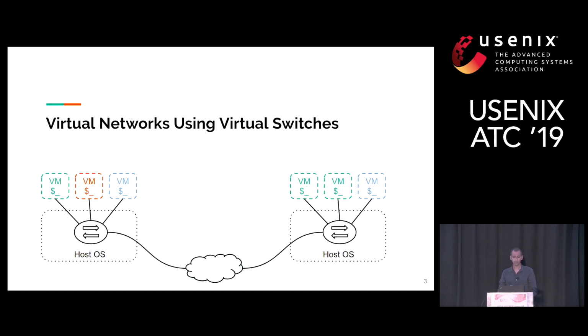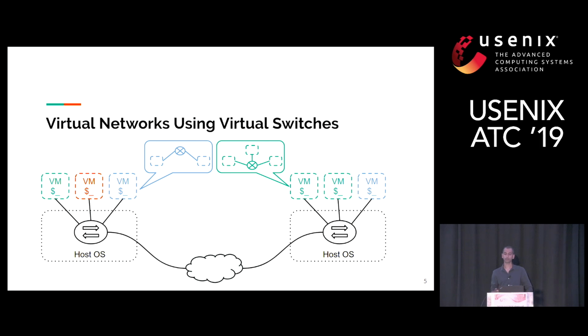Virtual networks in multi-tenant clouds are typically created using a piece of software running in the host OS called virtual switches. These virtual switches are programmed to connect the different VMs on a server as well as across servers so that the different tenants appear to have a network under their control.